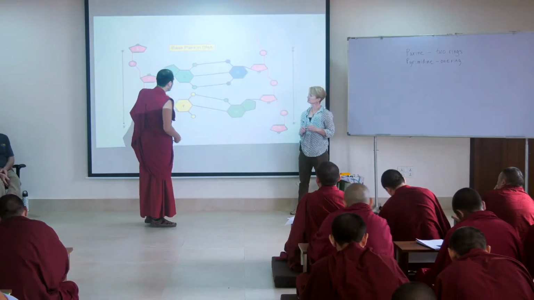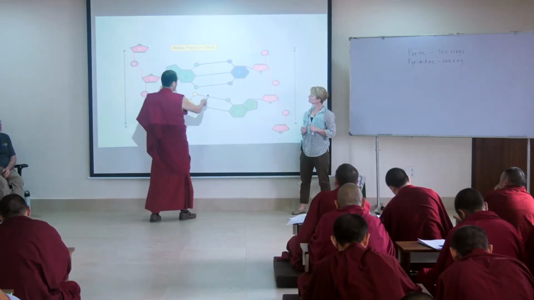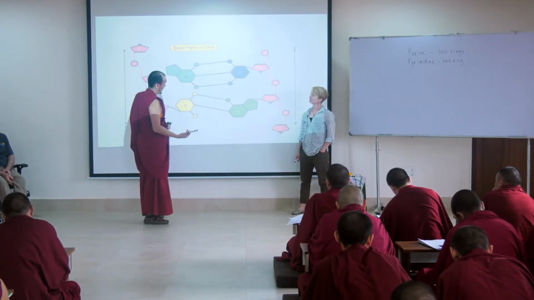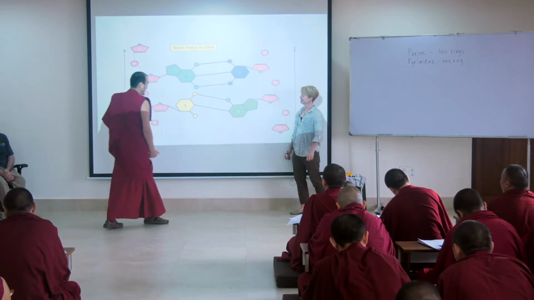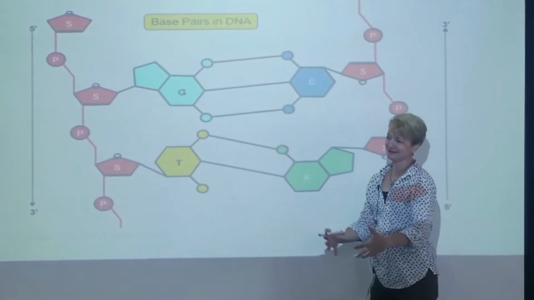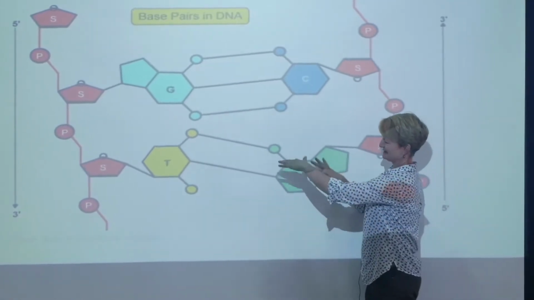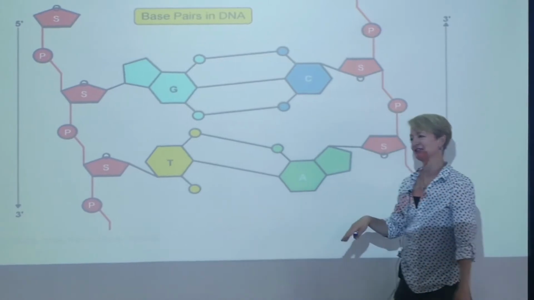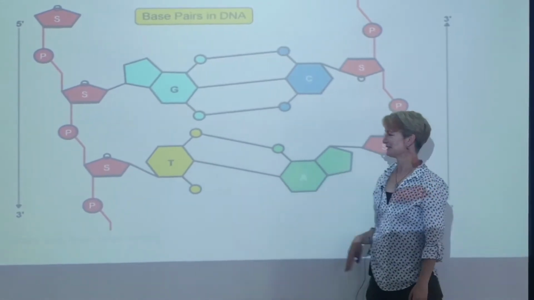Very nice. So here we have 2 hydrogen bonds, but here we have 3 hydrogen bonds. Why? I don't think I can go into the depth of why, but it has to do with just how these bases come together and these form, and maybe Phil can add more to that.